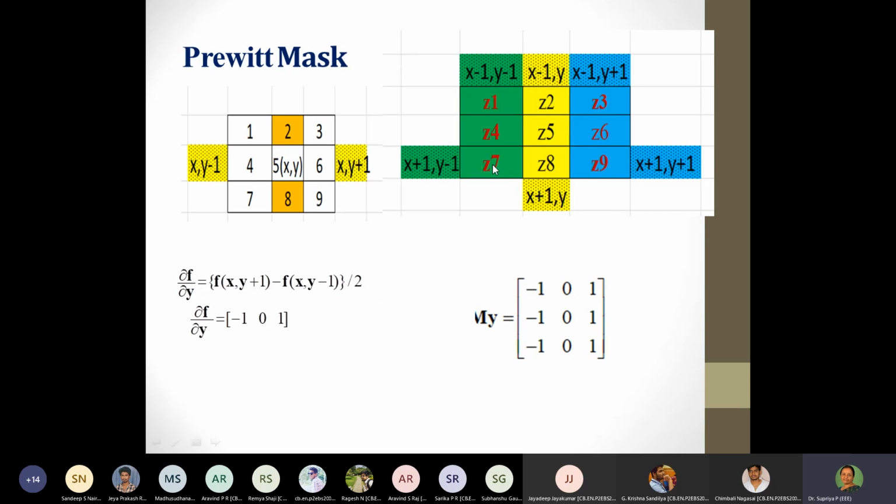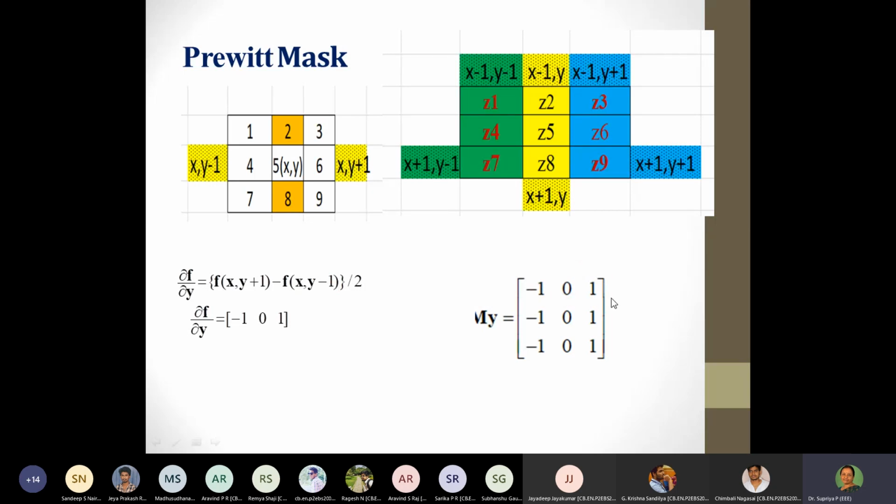Is it correct? The same thing could be repeated for the last case, that is the top row, or what you call the x minus 1 row. So when you consider the x minus 1 row, the expression would be f of x minus 1, y plus 1 minus f of x minus 1, y minus 1, resulting in minus 1, 0 and 1.